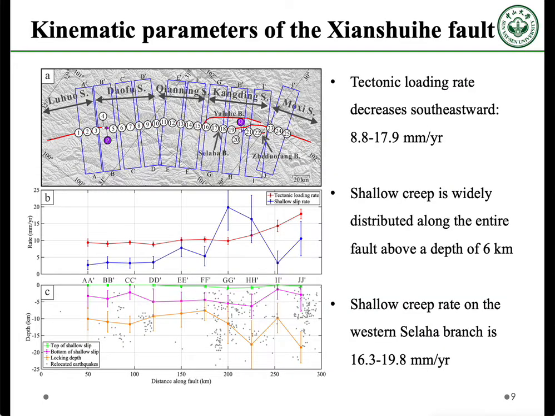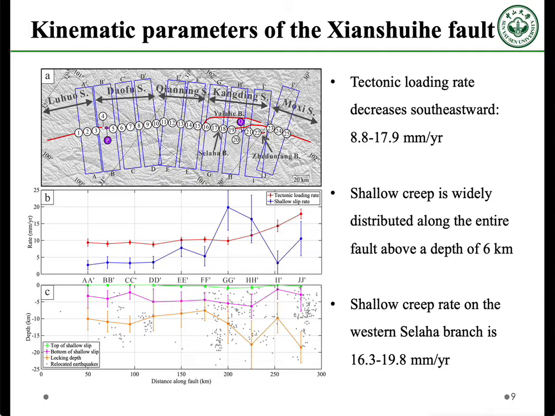Our result shows that the tectonic loading rate gradually increases southeastward along the Xianshuihe fault, ranging from 8.8 to 17.9 mm per year. Shallow creep is widely distributed along the entire fault above a depth of 6 km.